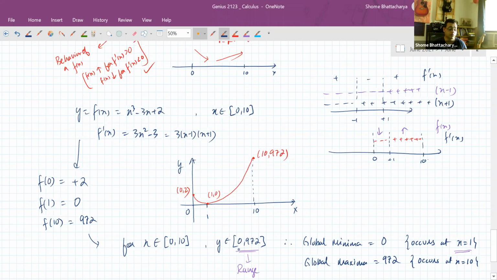Sorry, my mistake. Then y would have a lower limit with a closed interval, but an upper limit with an open interval. So my global minima would have been exactly equal to 0 because x takes the value of 1. But my global maxima would have been tending to 972 as x tends to 10. Okay, so hope this point is also clear.